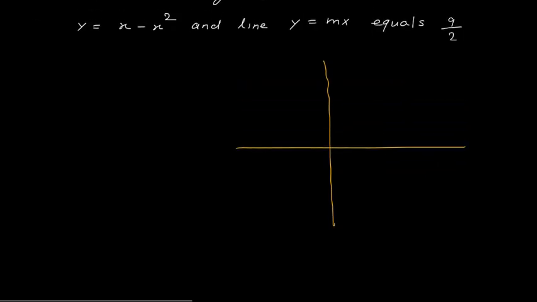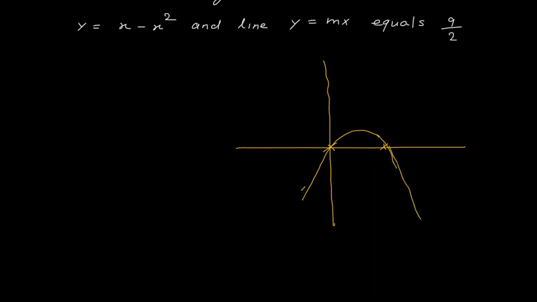If I check where it cuts the x-axis, for that I will take y equals 0. When I put x is 0, I will get y 0, and when I put x equals 1, I will get y 0. So 0 and 1 are the two roots where this curve will cut the x-axis. So your curve will be something like this.